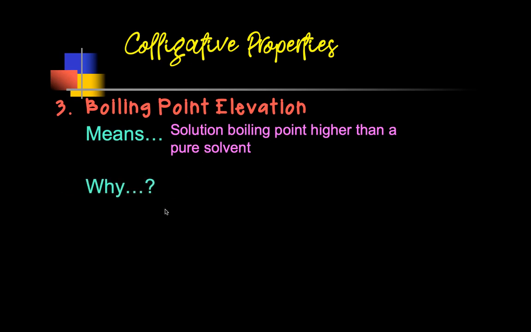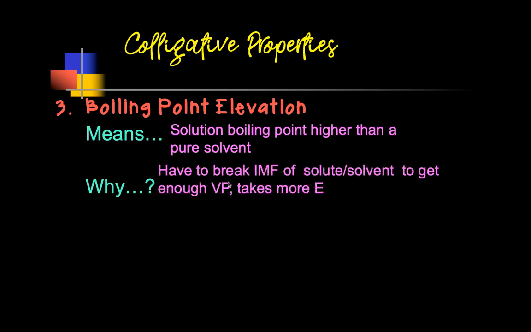Okay, all right, so why does that happen? Think about what's happening to make something boil. The particles need to gain enough energy so they break apart from each other and turn into gases, right? So I have to break the intermolecular forces between the solute and the solvent so that you get enough solvent to evaporate to create enough vapor pressure. That takes more energy. The solute and the solvent want to stay stuck together.